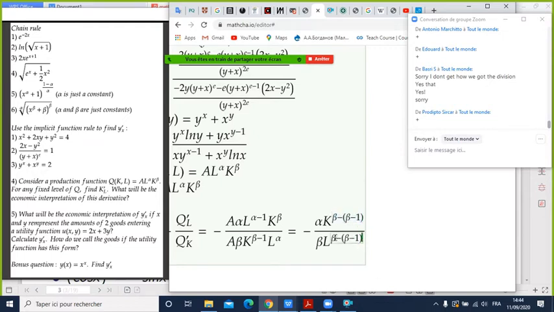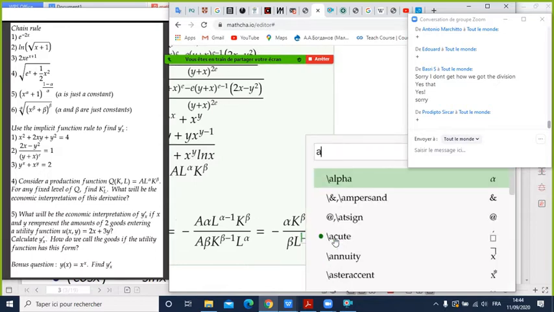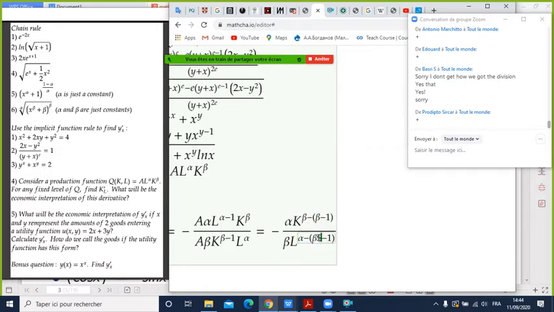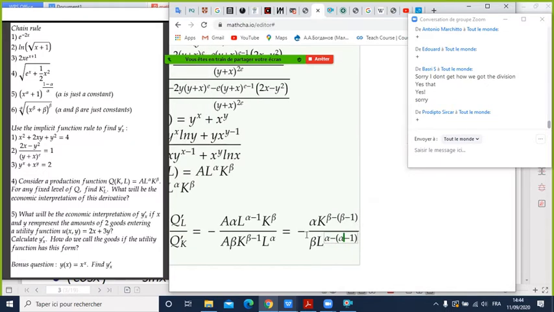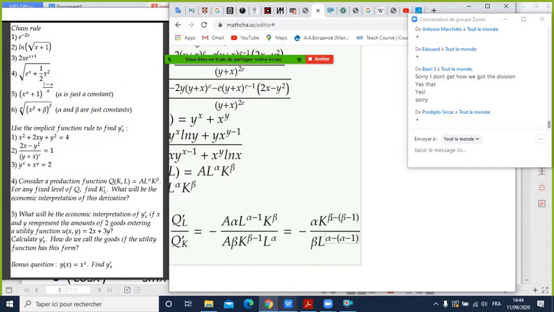So here I had K to the power of beta, and then I just did the division. And for the L, I also did the same.